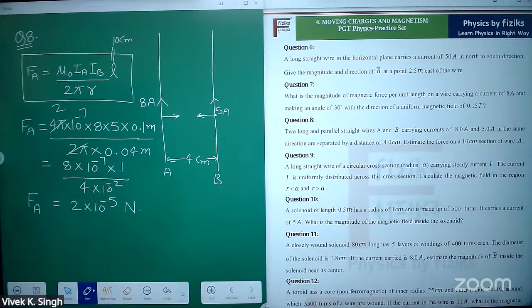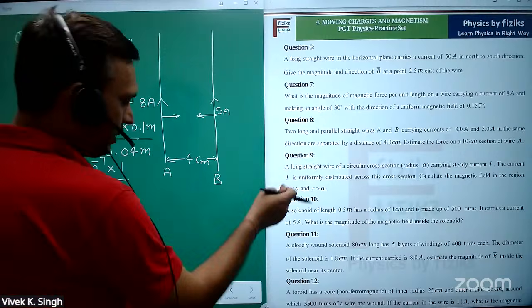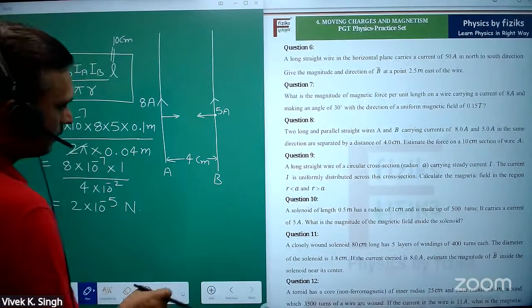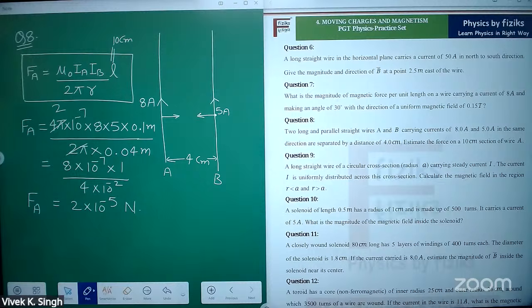Now solve question number 9. Try to solve question number 9.